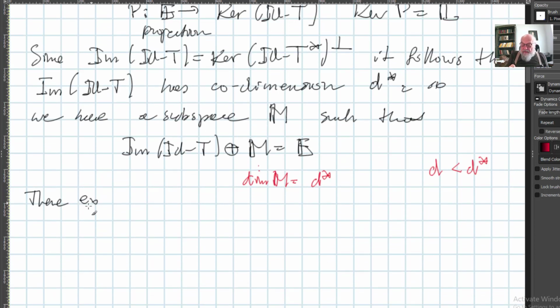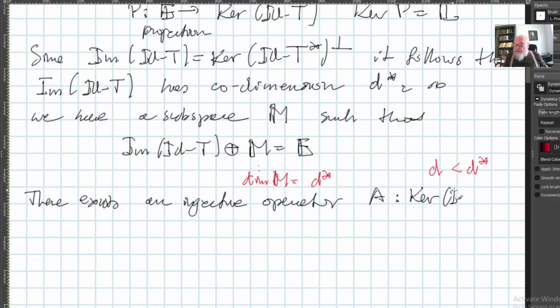Yes, D is smaller. So there exists an injective operator A that goes from, what is D? D is the kernel.